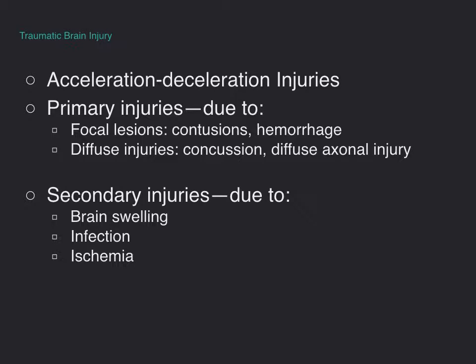As the brain strikes the rough surface of the cranial vault, or the skull, the brain tissue, the blood vessels, and the nerve tracts and other structures are bruised and torn, and it results in contusions and hematoma.